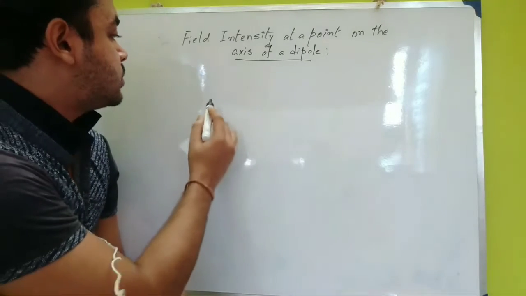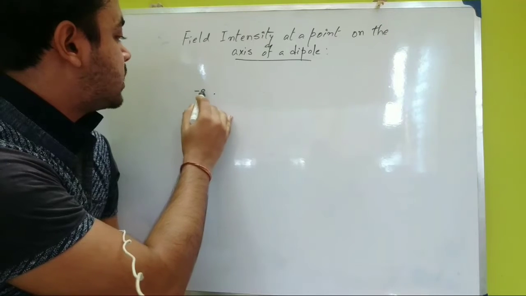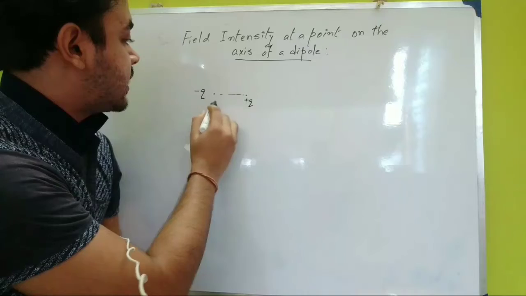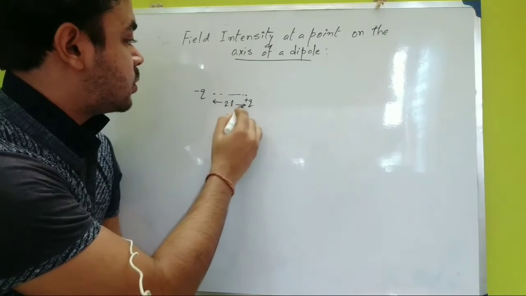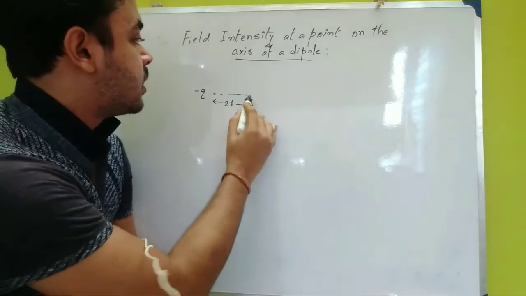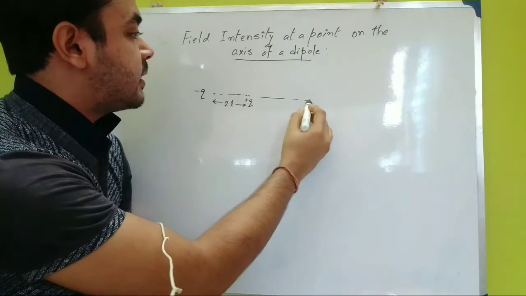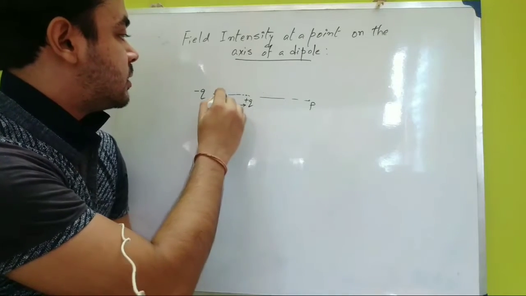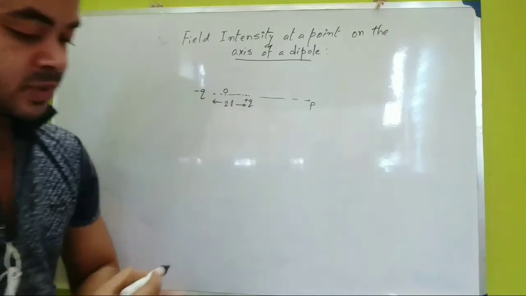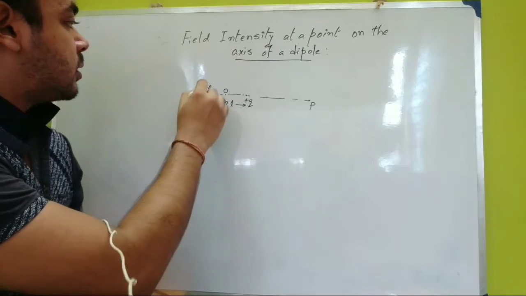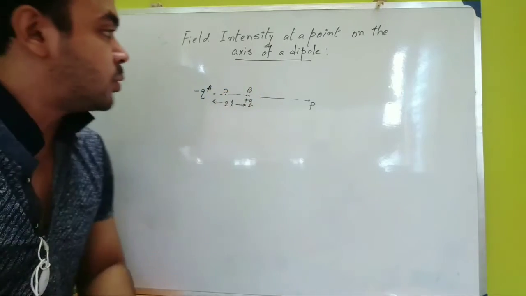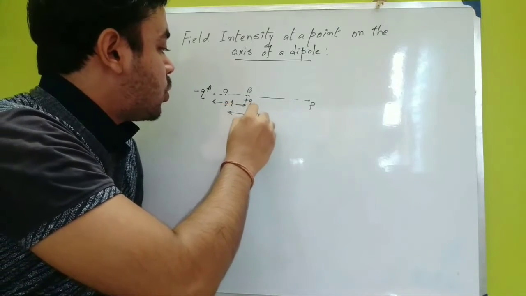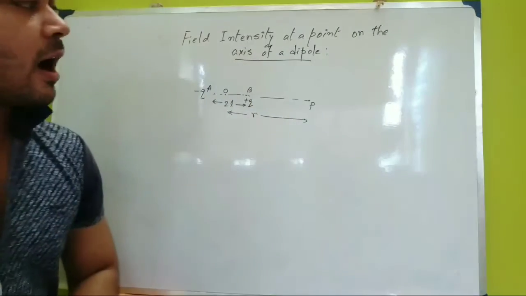Suppose this is my dipole, this is minus q charge, this is plus q charge, kept at a distance of separation twice L. We have to find the electric field intensity at this point P. This is their midpoint O, A, B, and suppose this point is P. Let the distance between O and P be r.